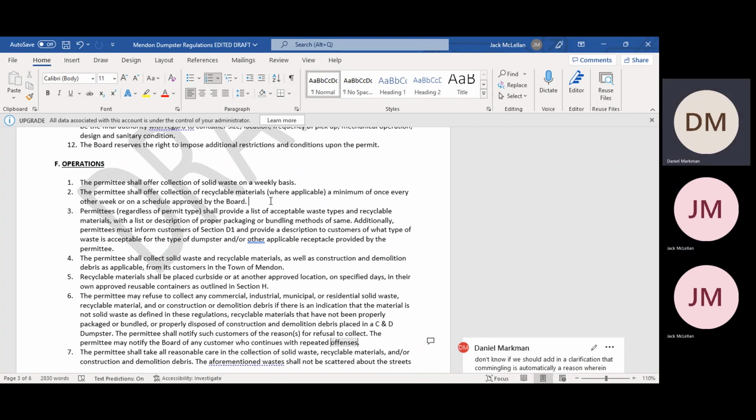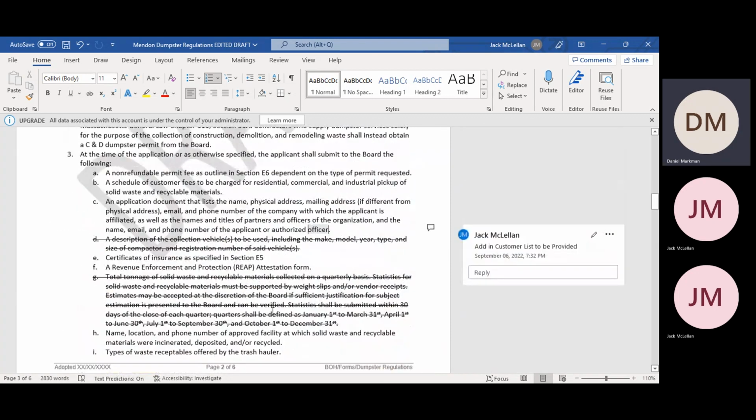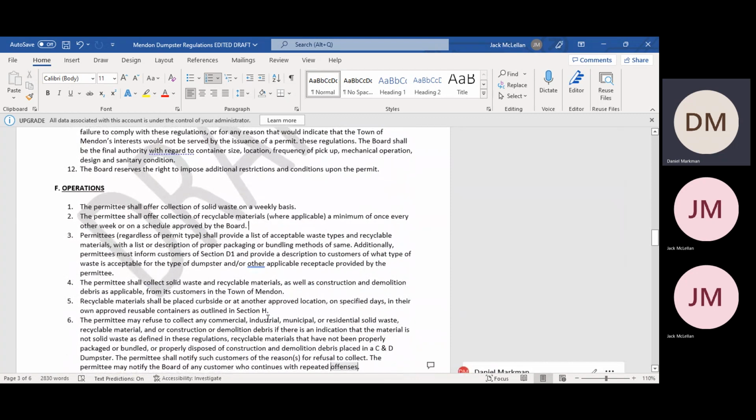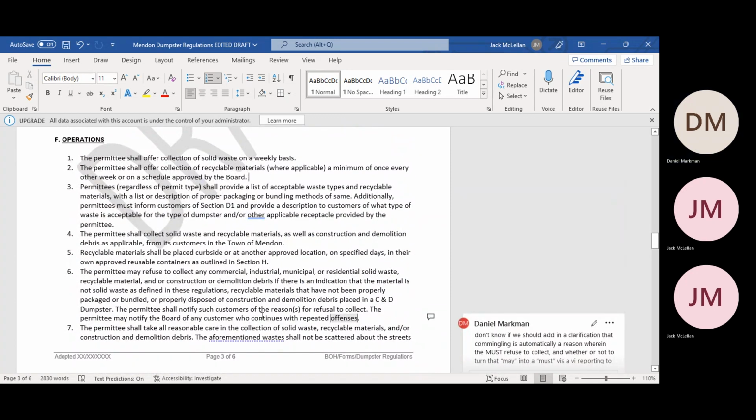No, because the reason why I specify that is if Section E existed in isolation, you would not have that power. But Section F does provide you with specific regulations about how a dumpster is to be handled. Well, Section F and Section H. Section F provides you with authority to dictate how a hauler behaves when they are moving the dumpster, which would mean if you got a complaint that a hauler is leaving behind debris when they're picking up a dumpster, then you can say they are in violation.